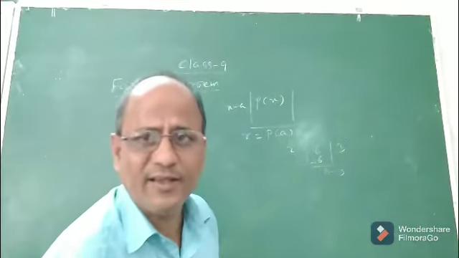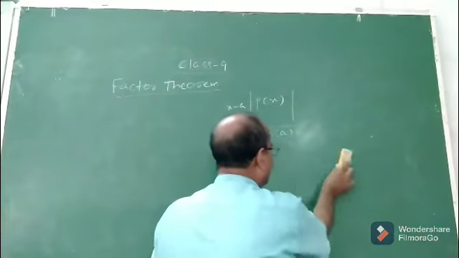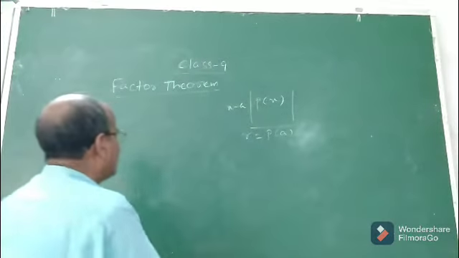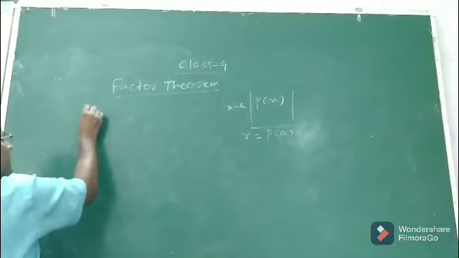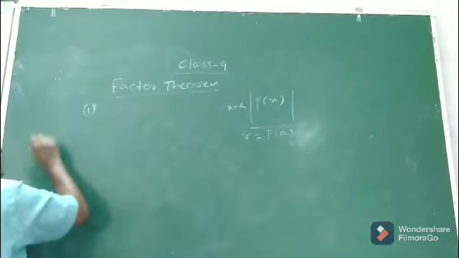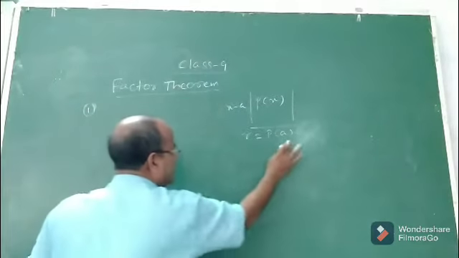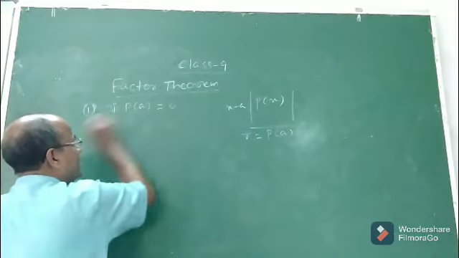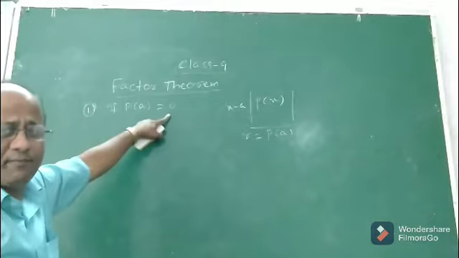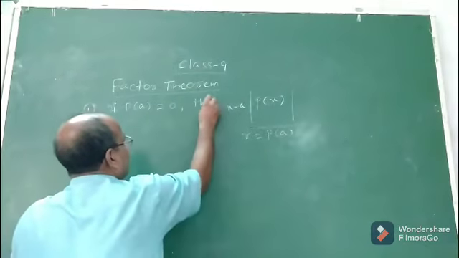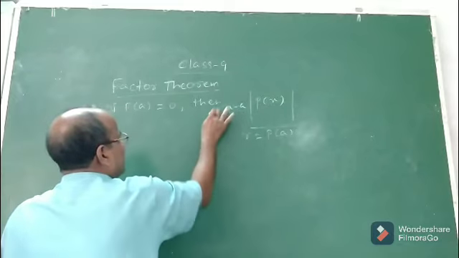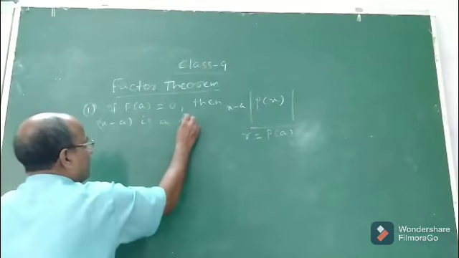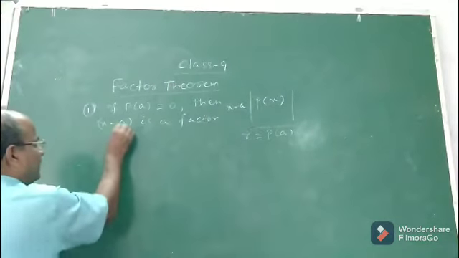Similar is the case with the factor theorem. So what does the factor theorem say? It has two parts. The first part is, if p of a, which is the remainder, is 0, then x minus a is a factor of p of x.